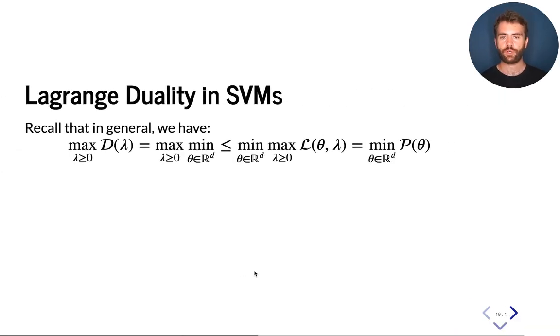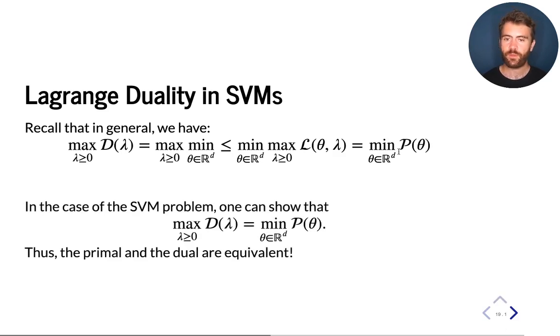Now, recall that in the Lagrange duality, we know that the maximum of the dual is less than or equal to the minimum of the primal. But it turns out that in the context of SVMs, we can show that these problems are indeed equivalent. So they reach the same minimum; the optimum of each problem achieves the same objective value.